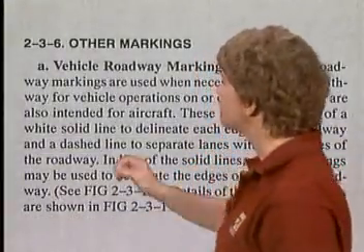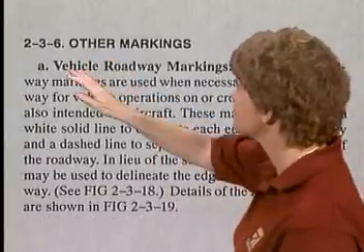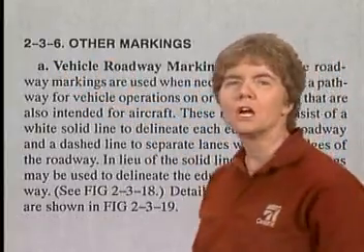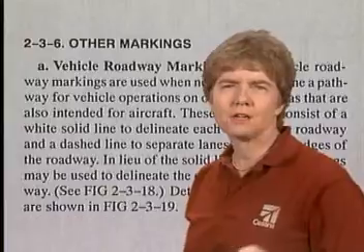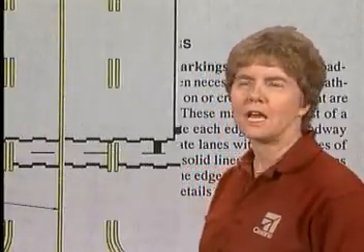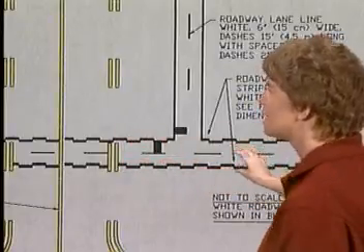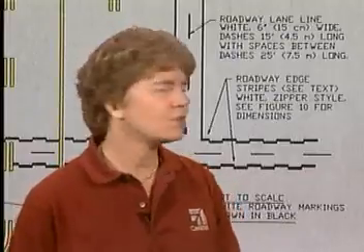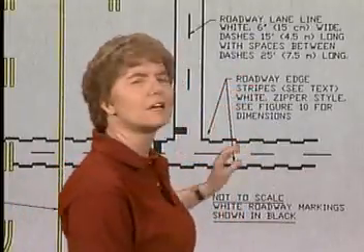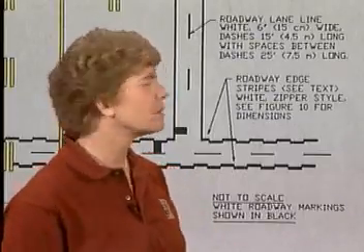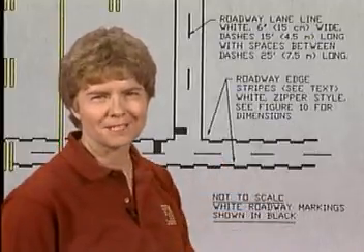Well, by looking at the AIM at paragraph 2-3-6 about vehicle roadway markings, which refers you to Figure 2-3-18, which talks about the signs along roadways, you can have the exquisite pleasure of telling him that he was on a roadway not intended for an aircraft. No doubt about it, the AIM is the ultimate hangar flying argument settler.